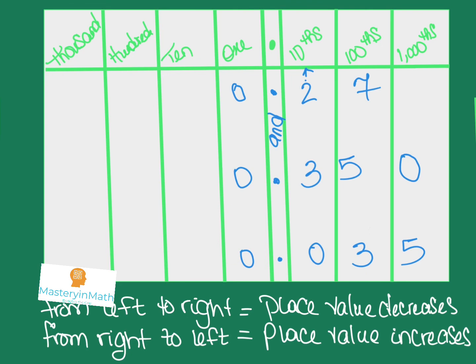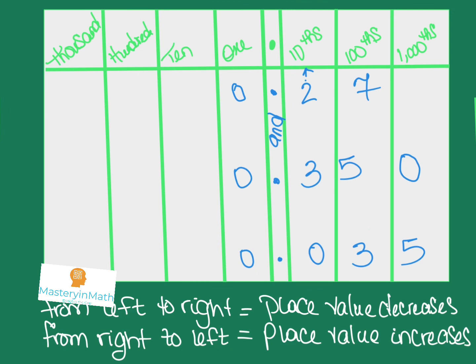So now you can move to the next place value. Here you have 2 tenths, 3 tenths, 0 tenths. If you were to compare from least to greatest, you would say that this is the least, that's the second one, and that's the third one.